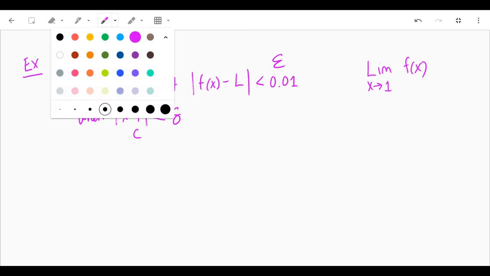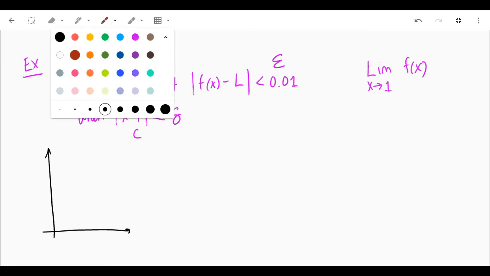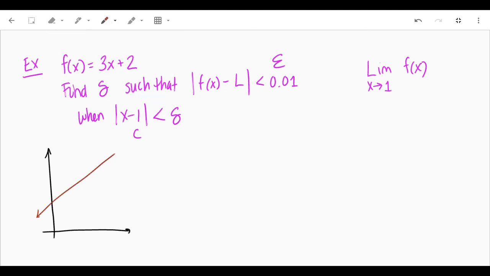If we want, we can draw this out. It's linear, right? And we're approaching 1. And we want to be within 0.01 of that.